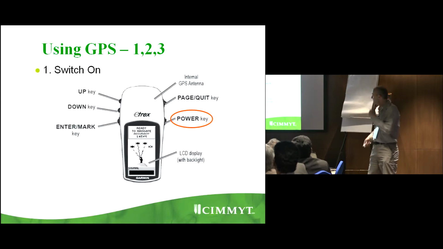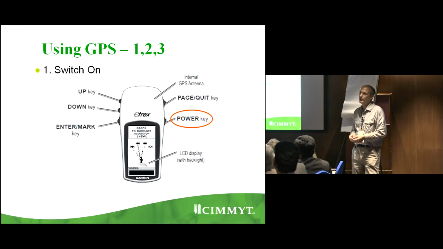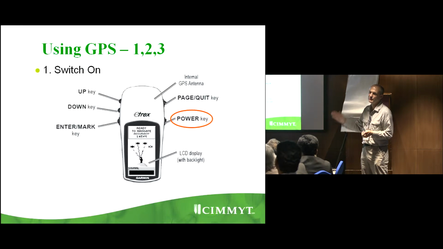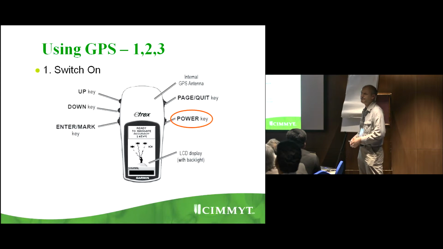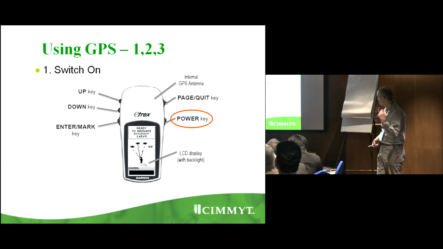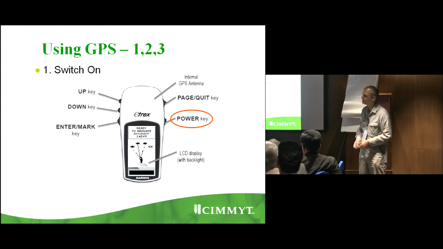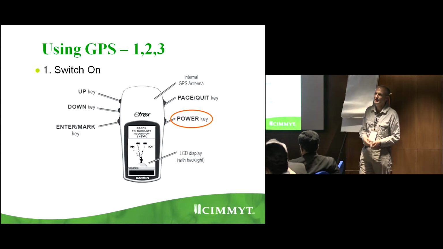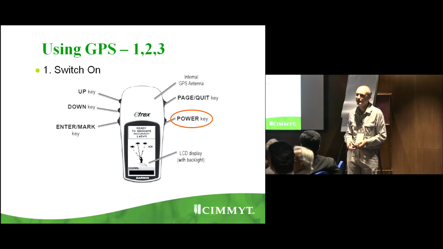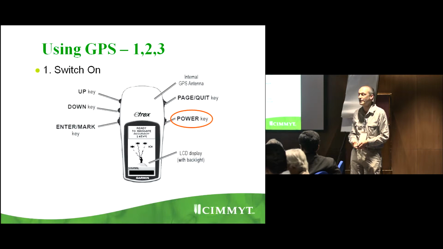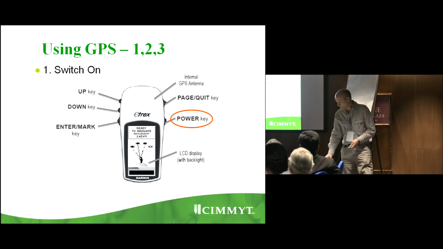In terms of using these, they're really, really simple. It's literally a 1, 2, 3 process. Yeah? So you get to your field site, you switch it on. And I'm just using a very common model of GPS here. There are different models, but basically they all work in the same way. You'd switch it on.